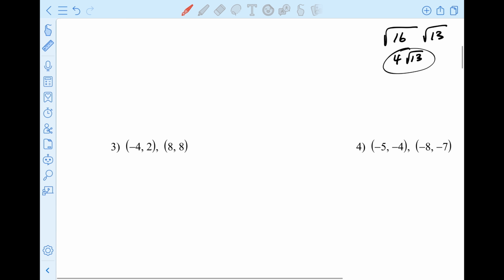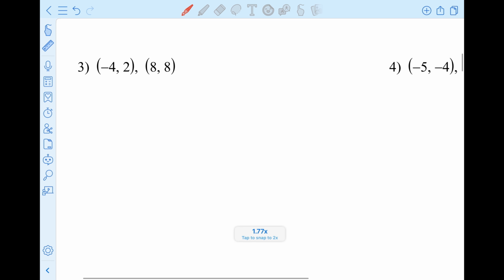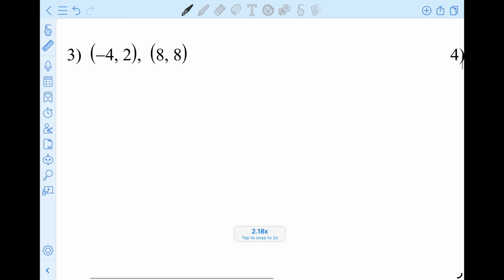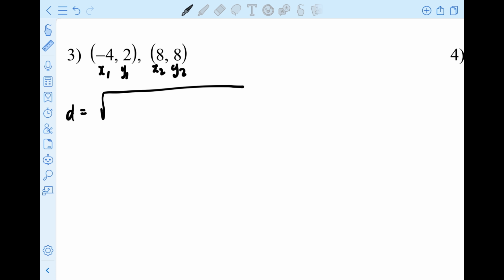Let's look at another one. Right here, x1, y1, x2, y2, right? And distance is equal to the square root of x2 minus x1 squared plus y2 minus y1 squared. Awesome.